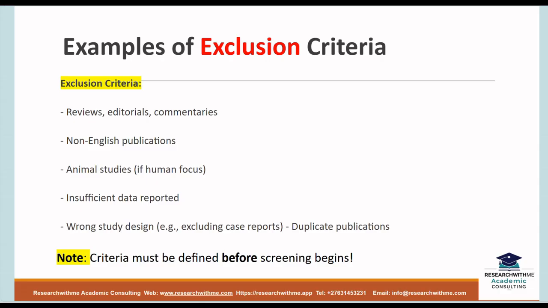And you can say studies carried out in animals are not needed. For example, if you want to test the effect of a certain medication on human beings, you cannot include animal studies. So you will say animal studies are not included.